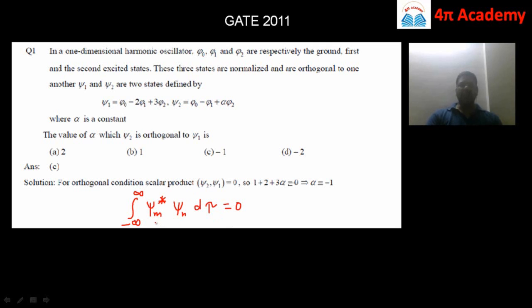Now here my psi m is psi 2 star and this psi n is psi 1.